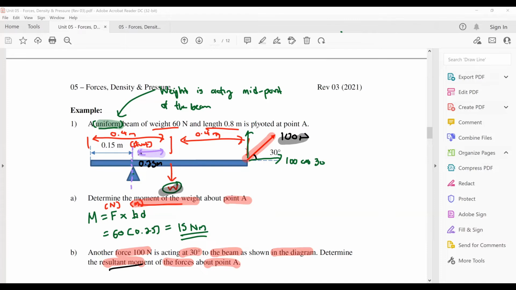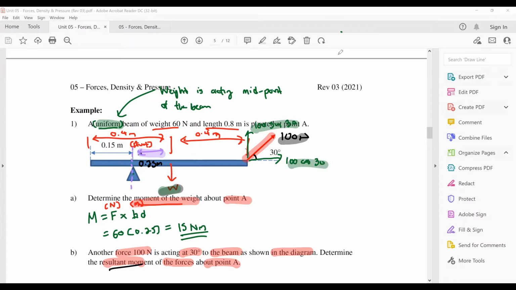The other one must therefore be 100 sine 30 because by now you should know it will be opposite to the angle. All right. Okay, so now you have actually a few forces to consider. The moment caused by a few force, the turning effect caused by a few force. You have the weight, you have the 100 sine 30, and then you have the 100 cos 30.